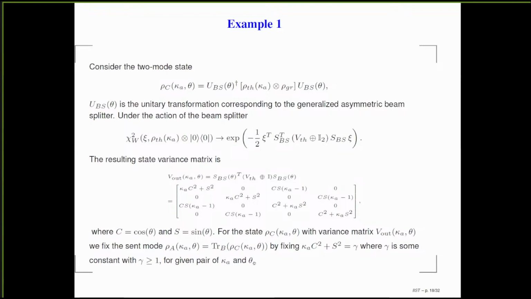So the idea is that if you take this two-mode state, in scenario one you only send this portion. In scenario 2, you retain the B part but send the A part, and then check for illumination distinguishability.